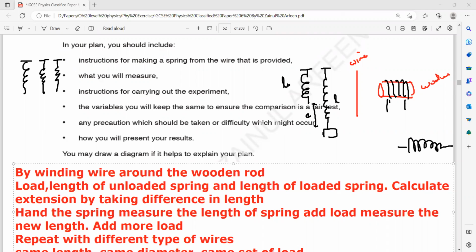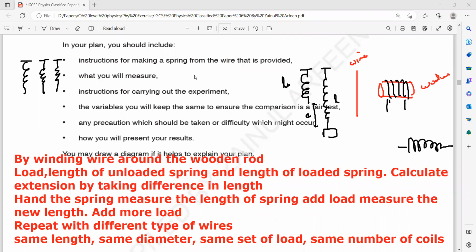So the same set of load, same diameter, same number of coils. The number of coils which we use should also be the same.